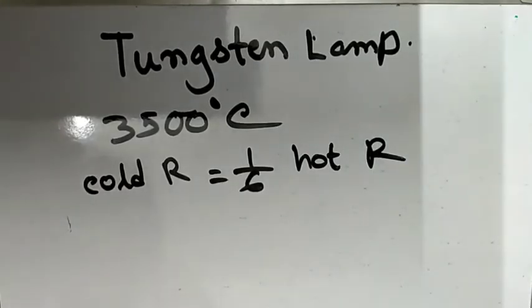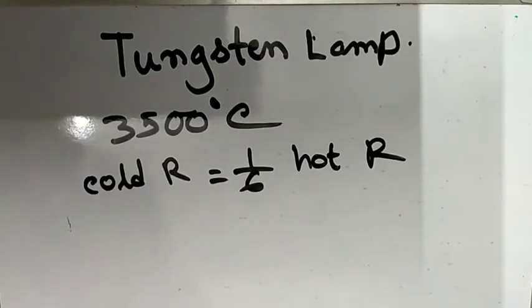Now the filament resistance increases almost instantaneously, in about 0.2 seconds. An inert gas, usually a combination of nitrogen and argon, is filled in the bulbs, which makes it possible to work the filament at a higher temperature without any fear of oxidation and evaporation of the filament, on account of the pressure exerted by the gas.